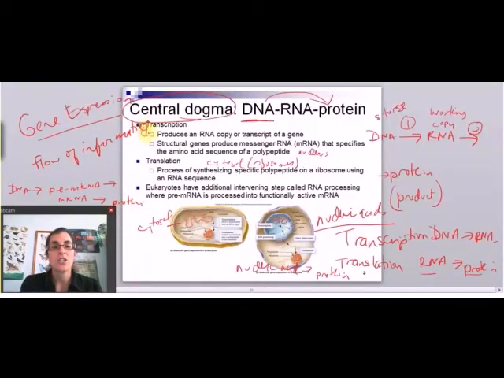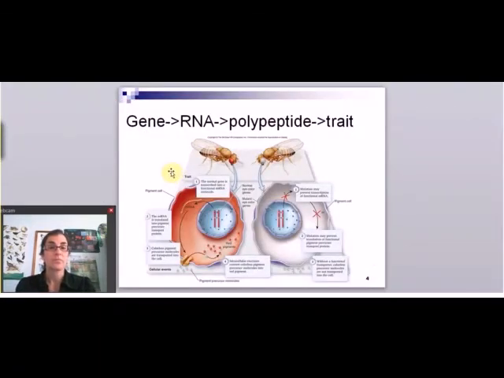So notice not just the transcription and translation, so that's here and the last step there, but they have this extra step here called RNA processing. So RNA processing is an extra step in eukaryotes in between transcription and translation. And we'll talk more about all of these coming up in later videos.